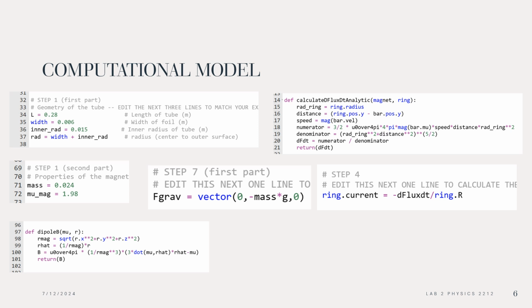Then we have our force of gravity, which is of course just negative mass times g, where g is defined previously. I didn't show it because it's just a fundamental constant. And we have the ring current, which is actually what's really important. From Faraday's law, it's our electromotive force divided by R. So essentially that big equation at the top right is finding our electromotive force. And then step 4 that you see is just utilizing Ohm's law.